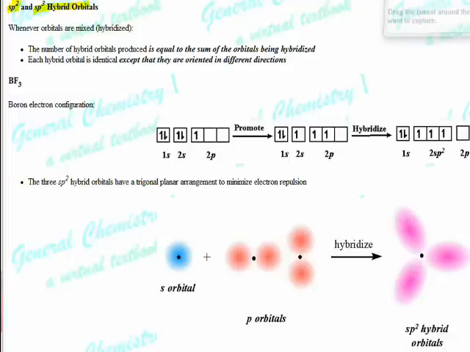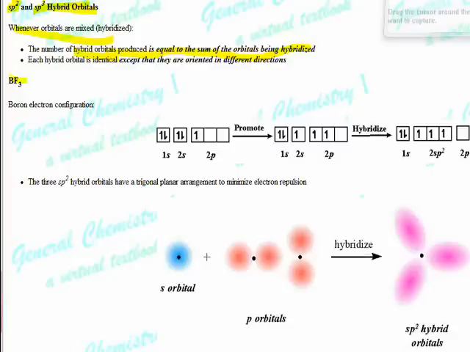It means an s and 2 p orbitals, and an sp3 hybrid orbital means an s orbital and 3 p orbitals combined to form a hybrid. Whenever orbitals are mixed or hybridized, the number of hybrid orbitals is equal to the sum of the orbitals being hybridized. Each hybrid orbital is identical except they are oriented in different directions.